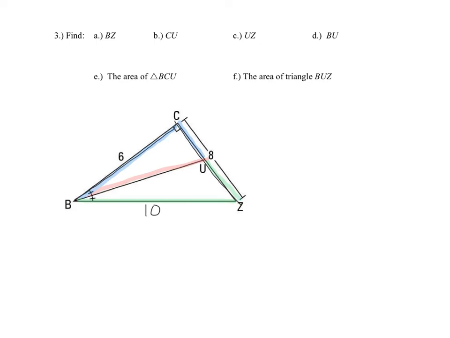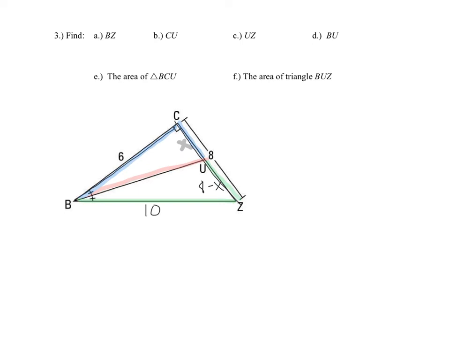Okay, so we need to figure out what we're going to call CU and what we're going to call UZ. Let's call one of them X, because we don't have a name for either one of them. If we call CU X, and if that whole side from C to Z is 8, just like last time, then we can call UZ 8 minus X.